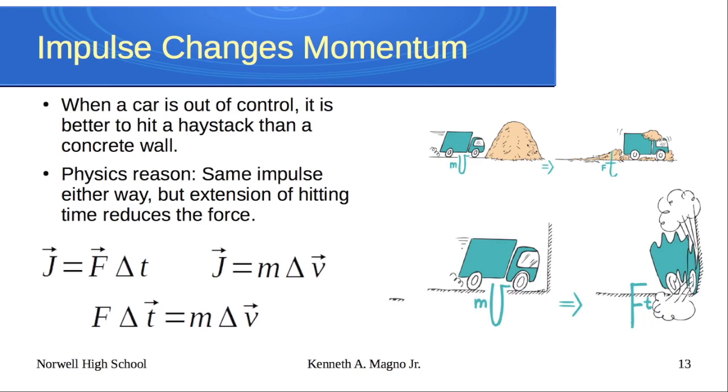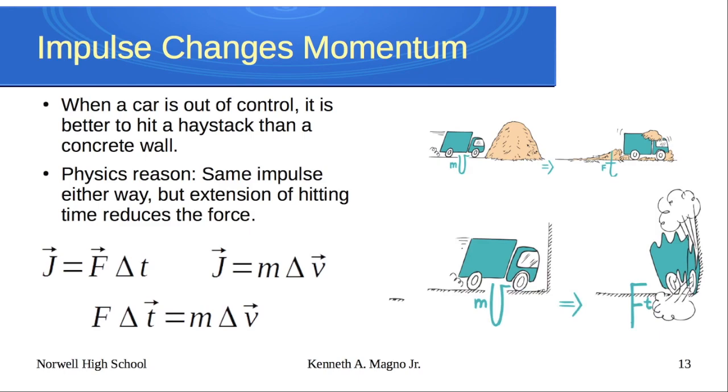So now, some other important examples with this. If you get a car out of control, it's generally better to try to collide it with something soft. If you've ever watched IndyCar, on the corners they always make either piles of hay bales or piles of old used tires. That's because you don't want a vehicle that's going really fast to stop in a short interval, like hitting a brick wall.